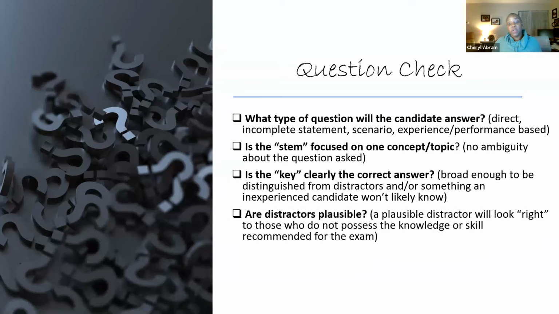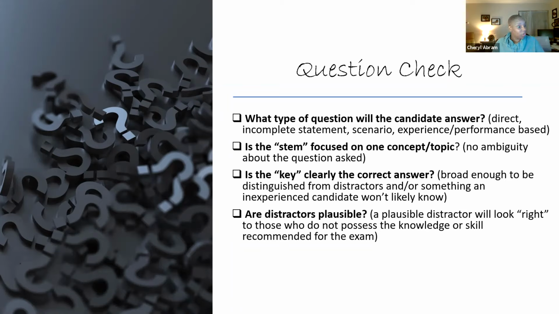Are distractors plausible? It's got to look right to those who do not know. It has to look like the right answer for people who do not possess the knowledge or skill recommended for that exam. Your distractors have to be that good.